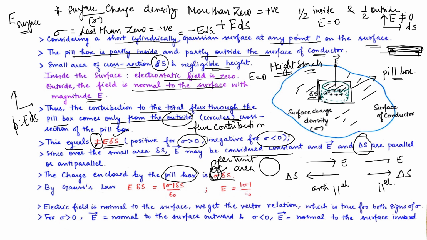For a single unit of area, this is the charge. So for this much del S, the charge is the surface charge density into the surface area. So what we get is sigma del S.